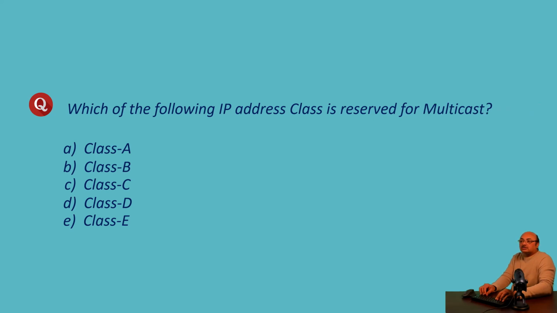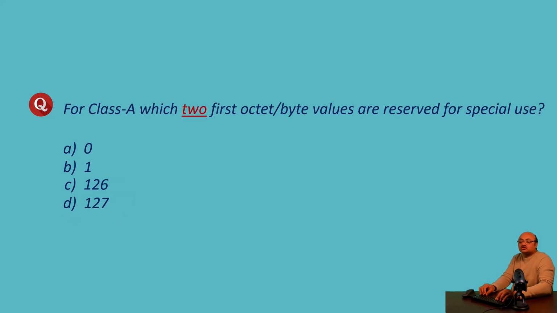And then the next question asks us which class is used for multicast, and that is class D. And finally, the last question focuses on which two values in the class A are reserved for special purpose, and those are 0 and 127, and that's why we said the modified range for class A is 1 to 126.